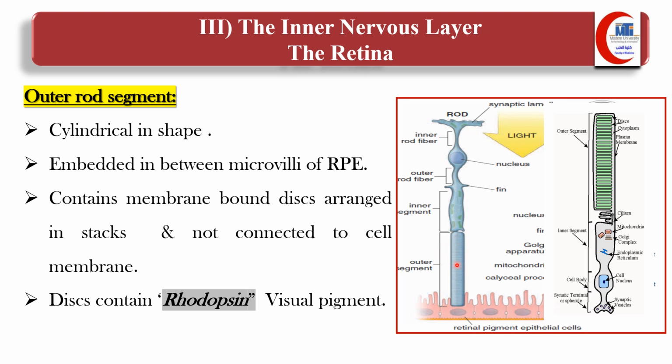The outer segment of the rod contains membrane-bounded discs arranged in stacks, and they are separated from the cell membrane, not connected to it. These discs contain the visual pigment rhodopsin.